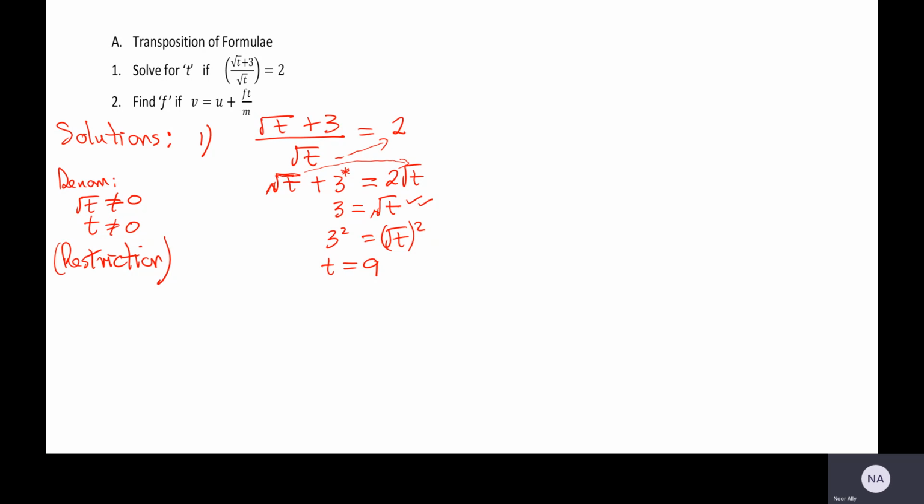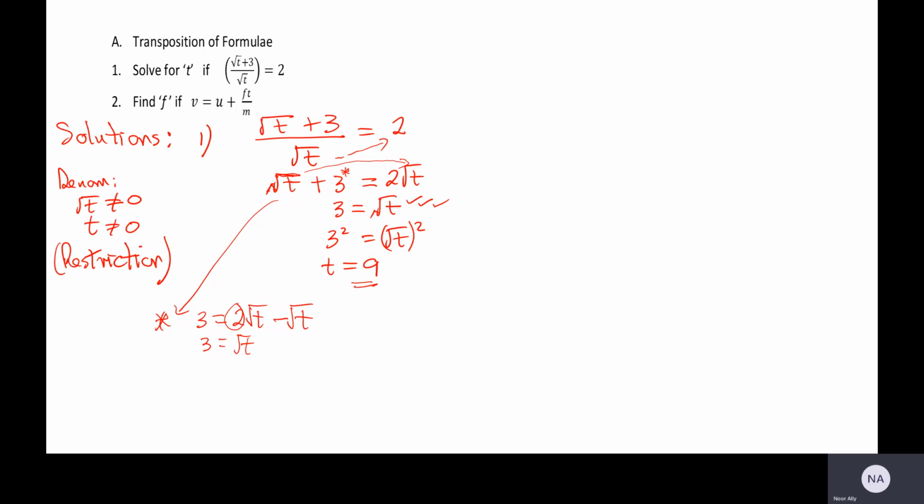What would you do with the x? You would transpose it. So that's exactly what I did. So the step that I left out over here was transposing that square root of t. So I would be left with 3 on the left-hand side, 2 square root of t minus the square root of t. And that's saying there's 2 square root of t's, there's 1 square root of t. 2 minus 1 gives me square root of t. And that's where I get the answer that you see, that step that you see over there.